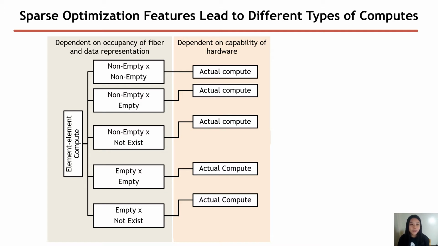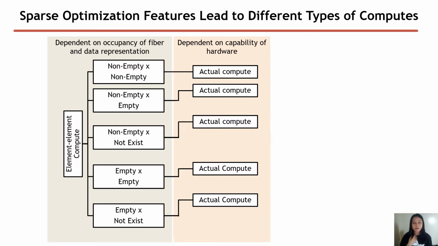As you can see in this figure, we also classify the computes into different types. This is slightly different from the storage unit, because once we reach compute, we have to care about two operands and their data representation also matters. As you can see in the green column, all of these depend on the occupancy of the fiber as well as the data representation.